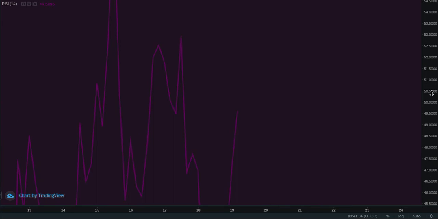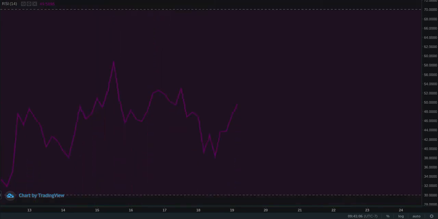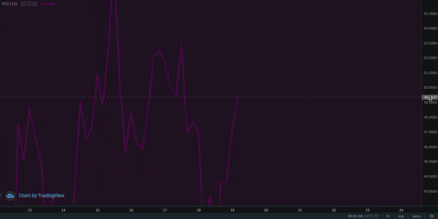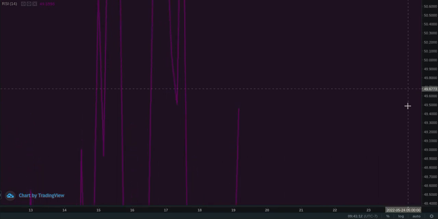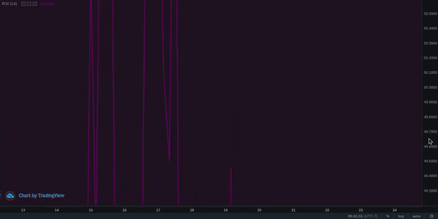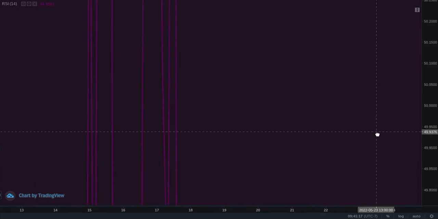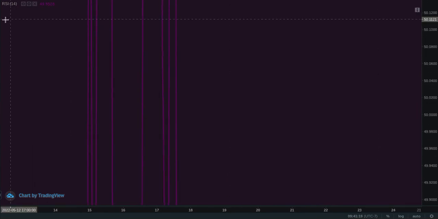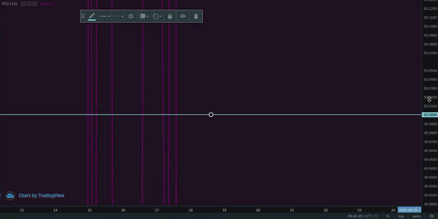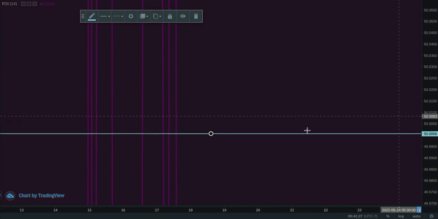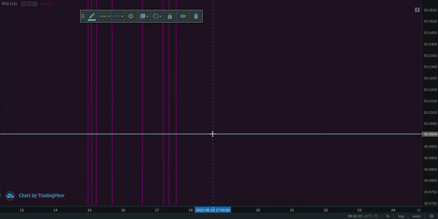So what I do with this RSI is I put a 50 line right in the middle, so that way I know exactly where the middle is at. Because the 50 line will determine whether it's an uptrend or a downtrend. If it's underneath the 50 line, it's a downtrend. But if it's above the 50 line, then it's an uptrend.